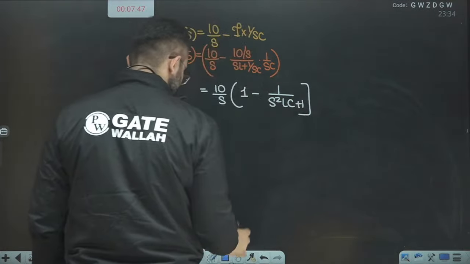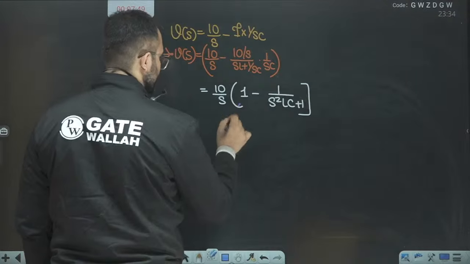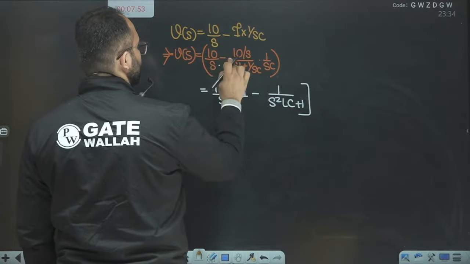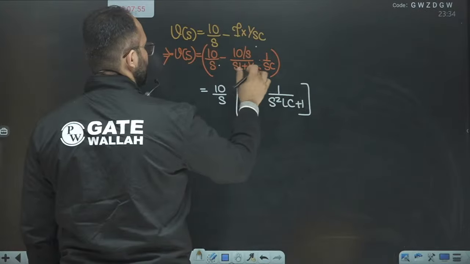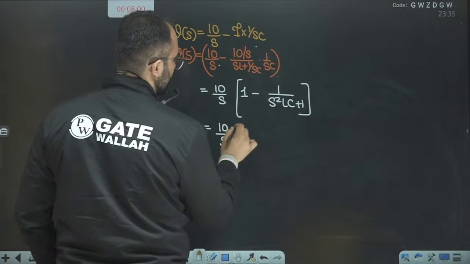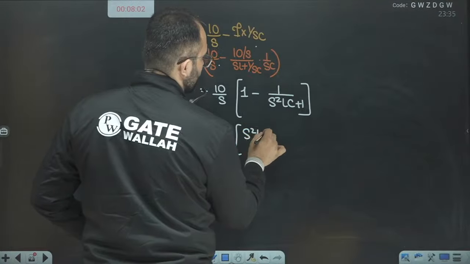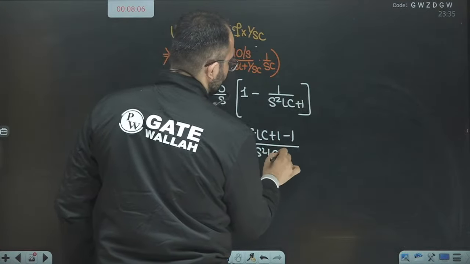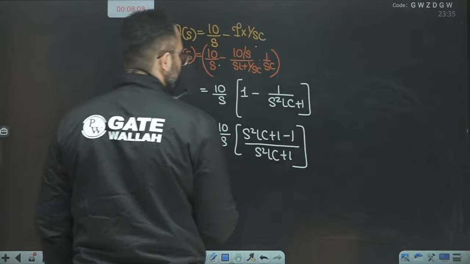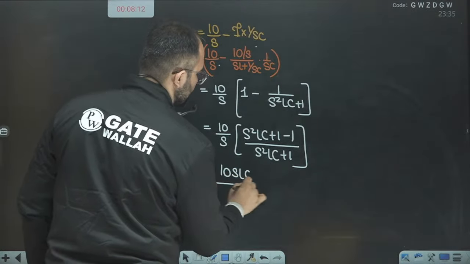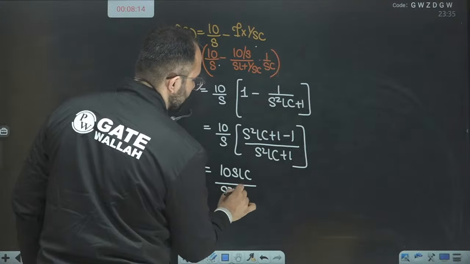Right, like this. We take 10 upon S common. So it is 10 upon S common, S square LC plus 1 minus 1 divided by S square LC plus 1. So this will come out to be 10 S LC divided by S square LC plus 1.